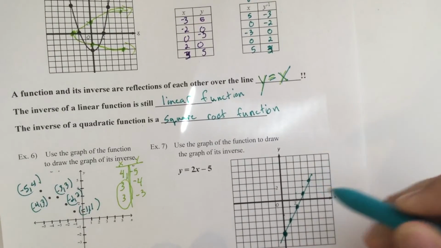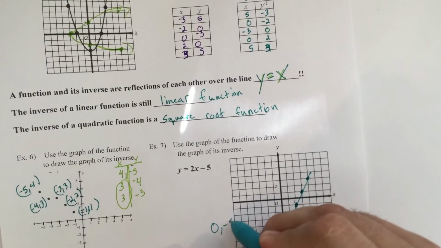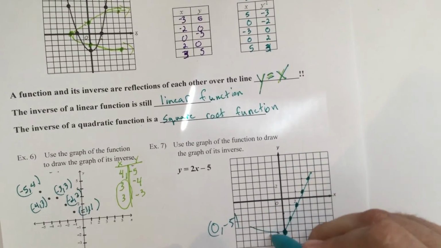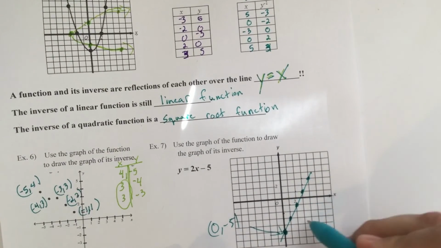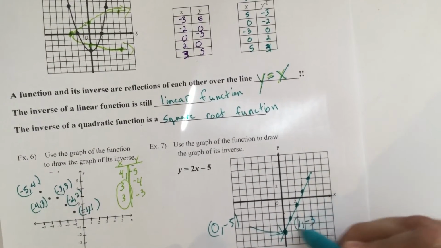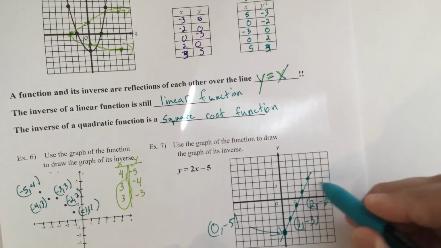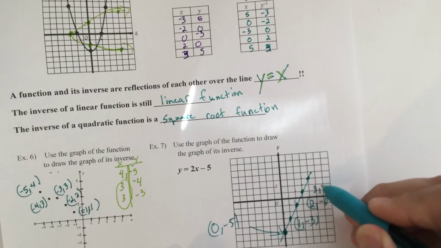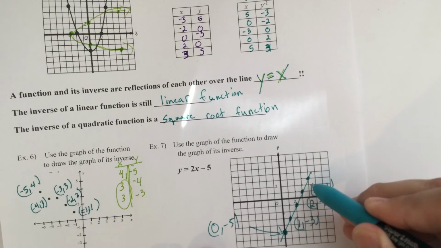Okay, and I'm just going to plot a couple of those. We have first one, 0, negative 5. That's this point right here. And we have 1, negative 3. Then we have 2, negative 1. Then we have 3, positive 1. And then we have 4, 3.